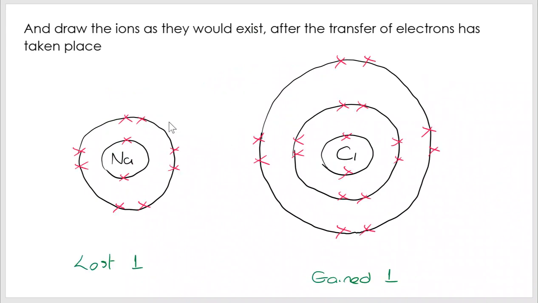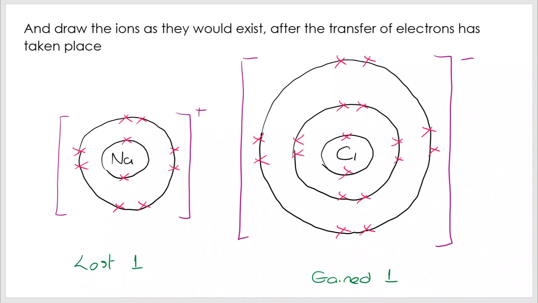Sodium has lost 1 electron, so it's now 2,8 rather than 2,8,1. The electron it's lost has joined chlorine, taking it to 2,8,8 instead of 2,8,7. But we've got to reflect the fact that these are charged. Sodium losing an electron is now positive, and chloride, after gaining an electron, is now negative.